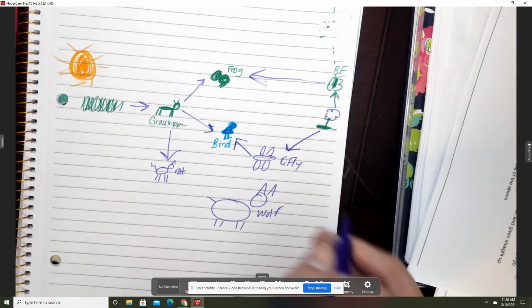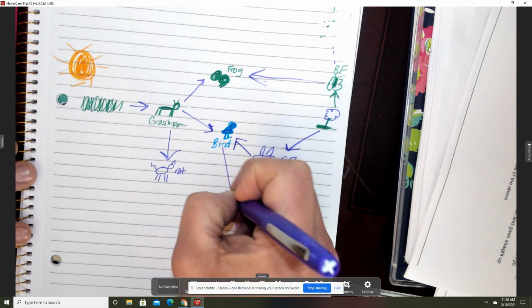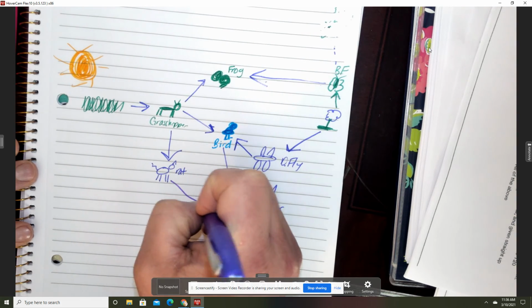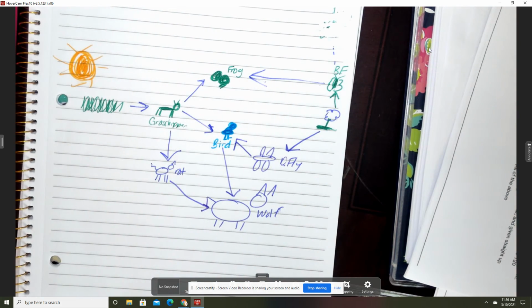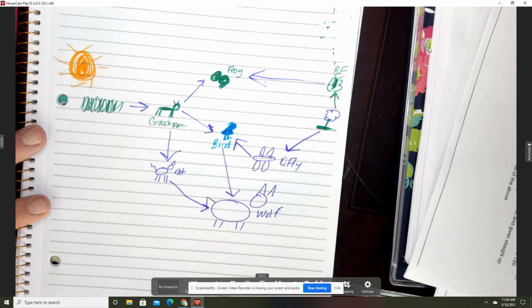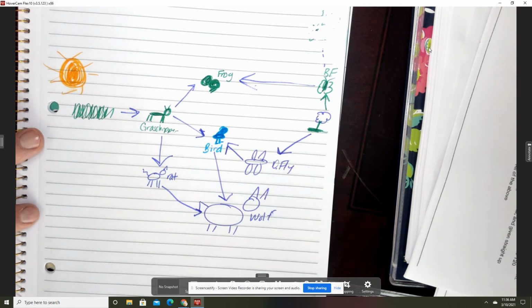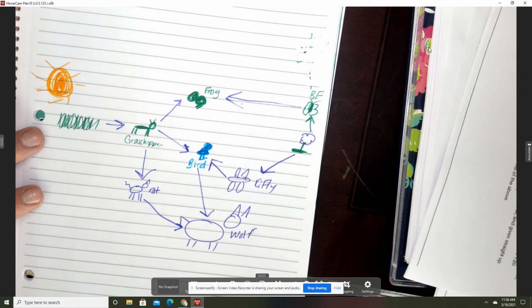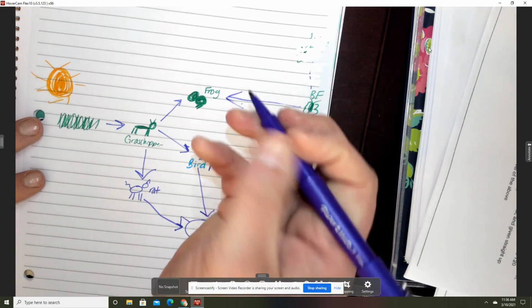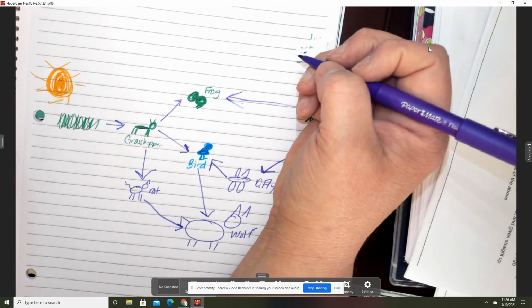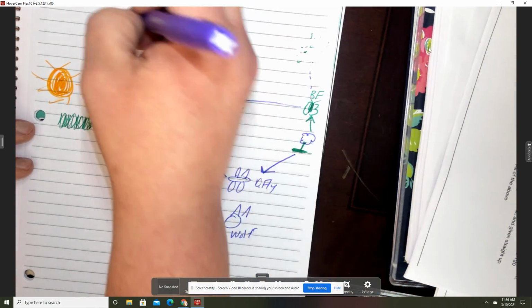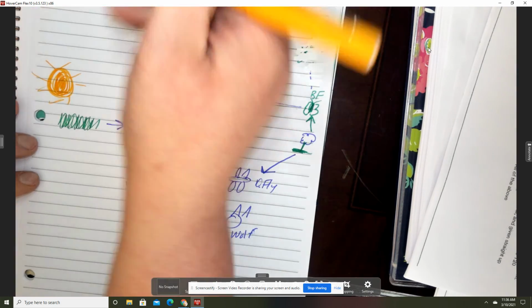And the wolf is eating the bird and the rat. Okay. Maybe the frog is getting eaten by a snake.